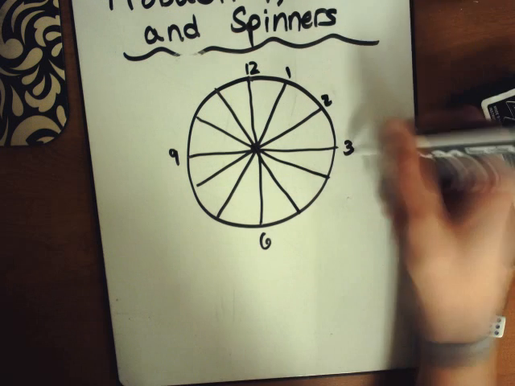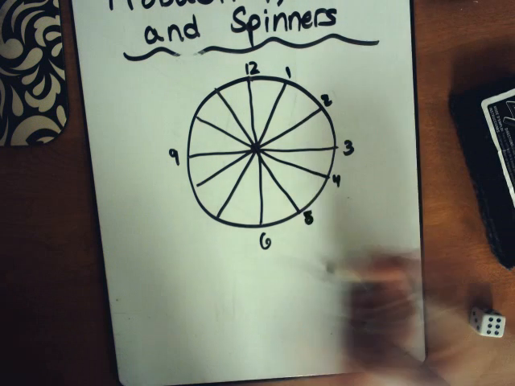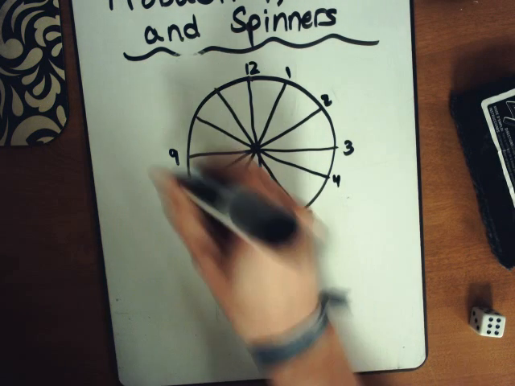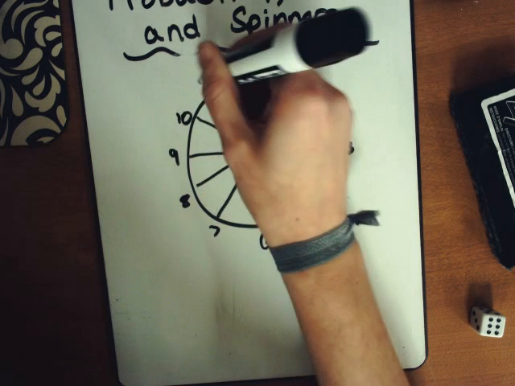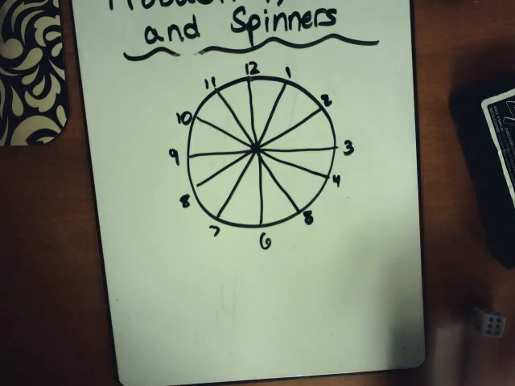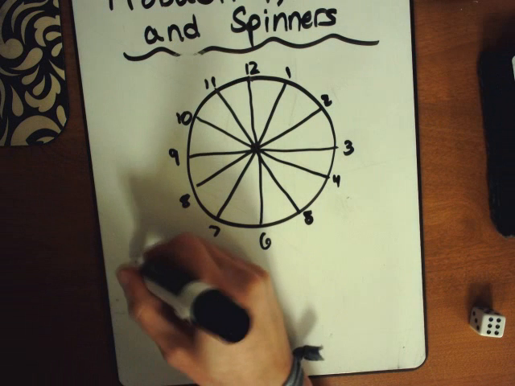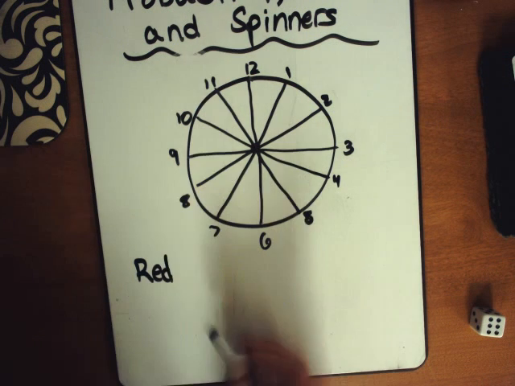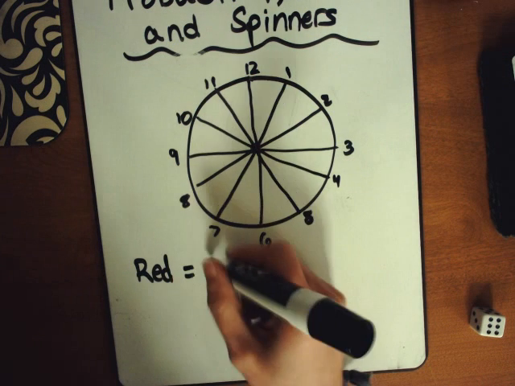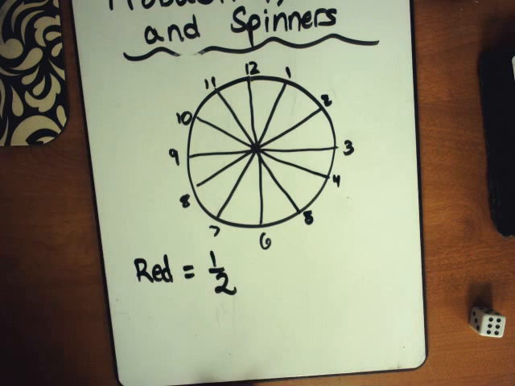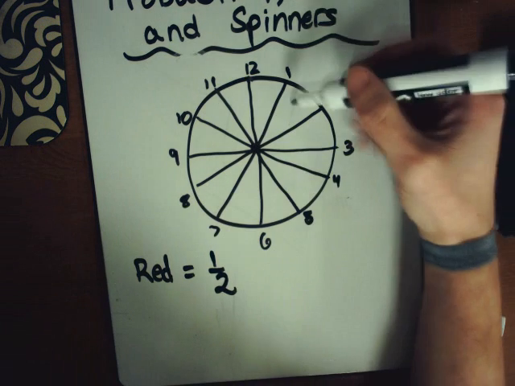One, two, three, 4, 5, 6, 8, 9, 10, 11. Okay, so for this one, I want R to stand for red. I want half of the spinner to be red.